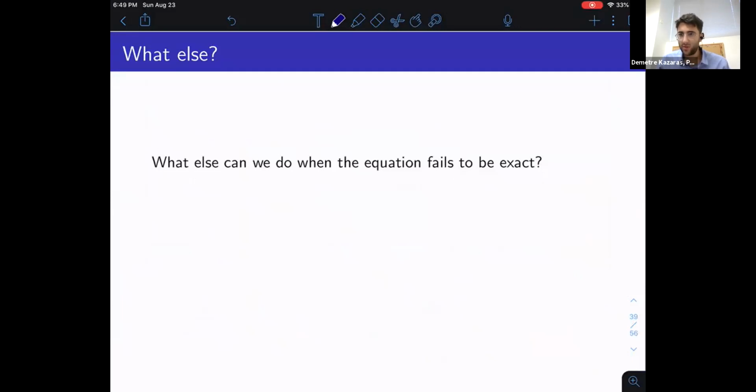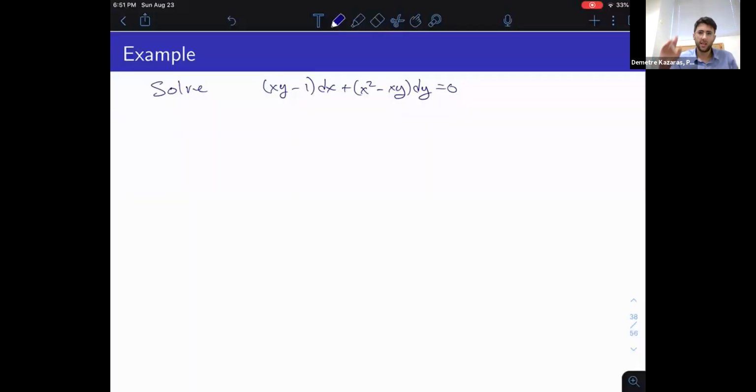What else can we do? All right. Let's try to work through this example here. I didn't typeset it, but imagine as if it were. All right, this is going to be a situation where this is not exact, this thing here, yet we'll be able to figure out the integrating factor.